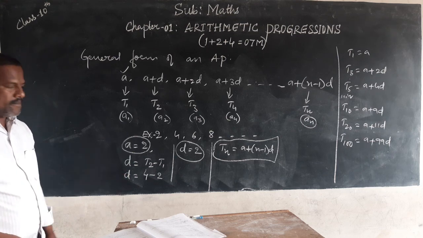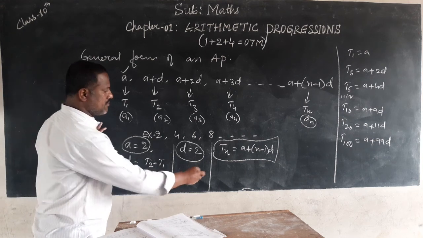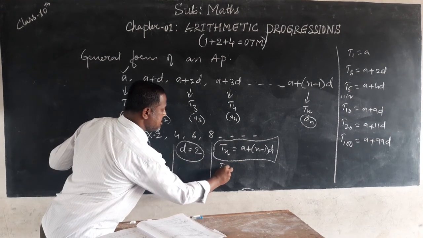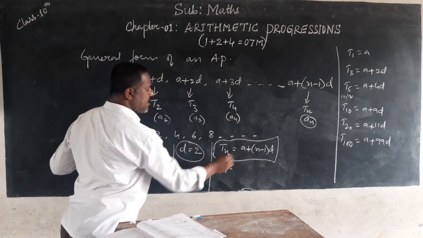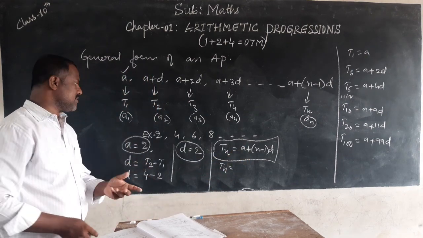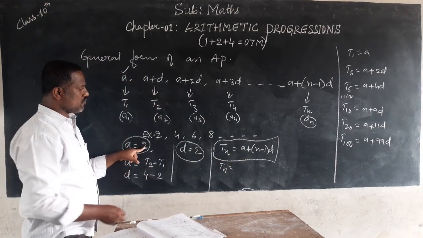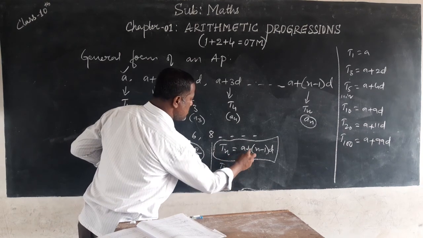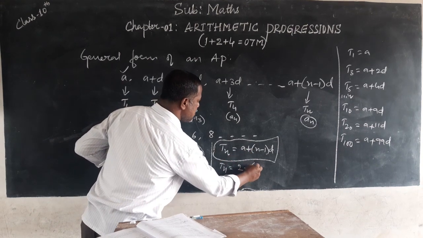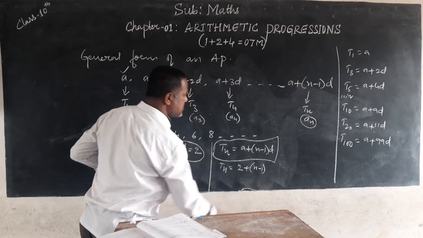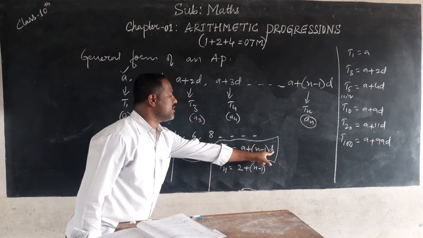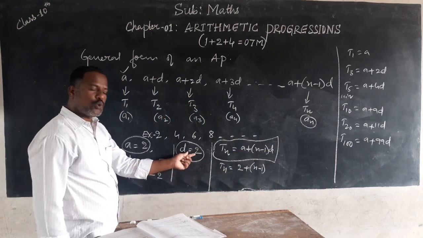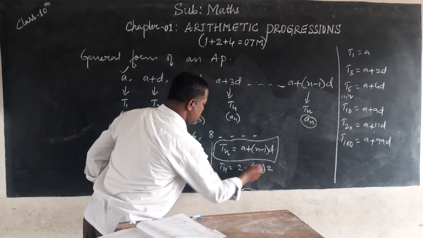Now let us find the nth value here. Let's write Tn as it is. What is the value of a? a is nothing but the first term. What is the value of a? 2. 2 we should write, plus as it is, n minus 1 also as it is. What is the value of d? What we got here? 2. Simplify it.